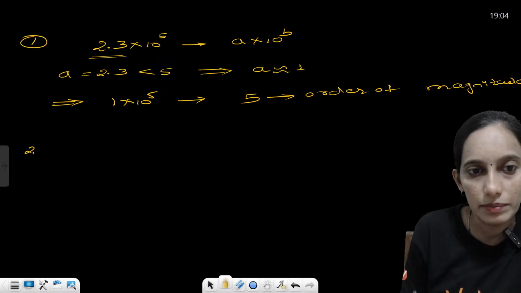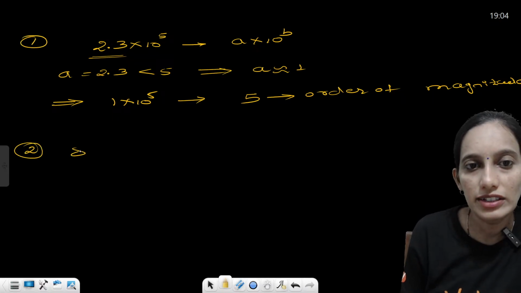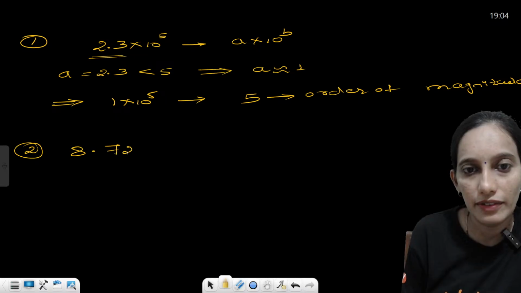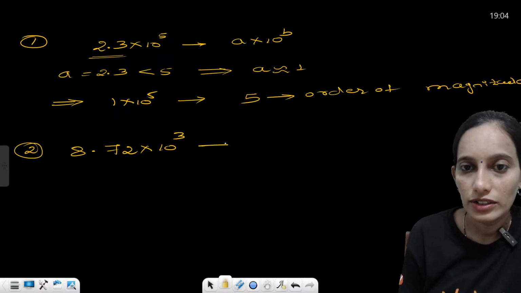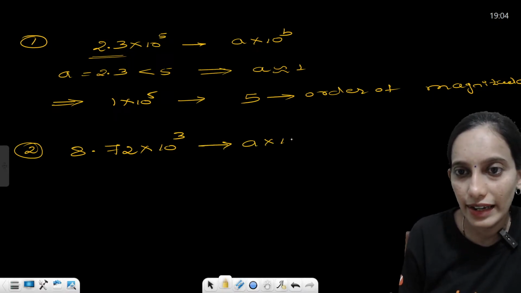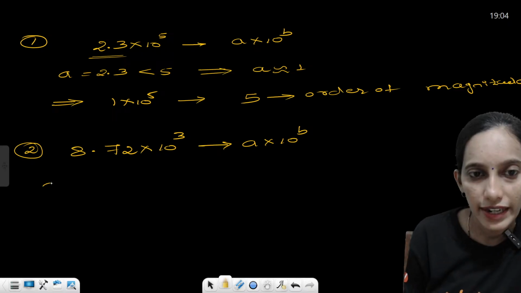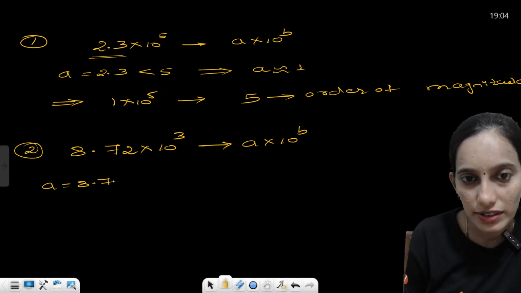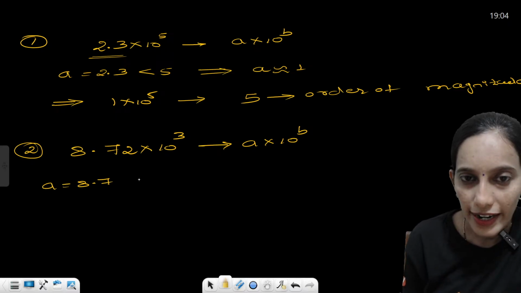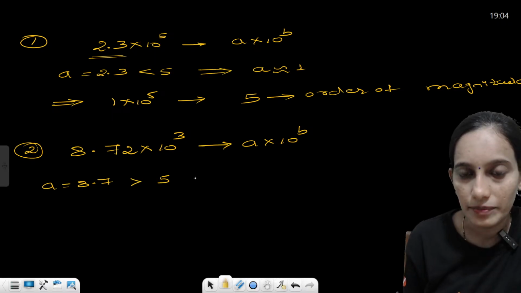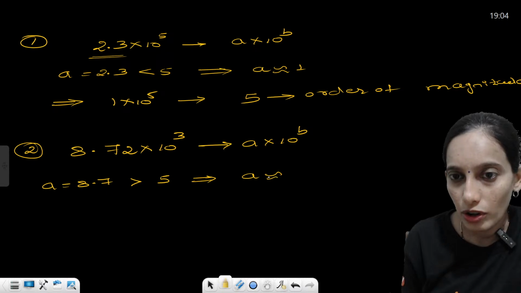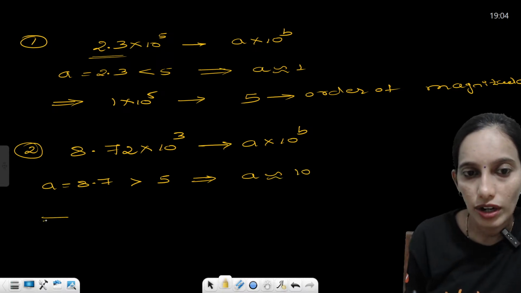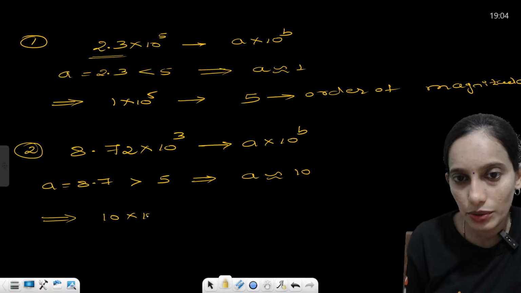Second example, say I have something like 8.72 into 10 power 3. Again compare it as a into 10 power b. Here a is 8.7, so 8.7 is greater than 5. In this case we have to approximate a to 10. So the number becomes 10 into 10 power 3.